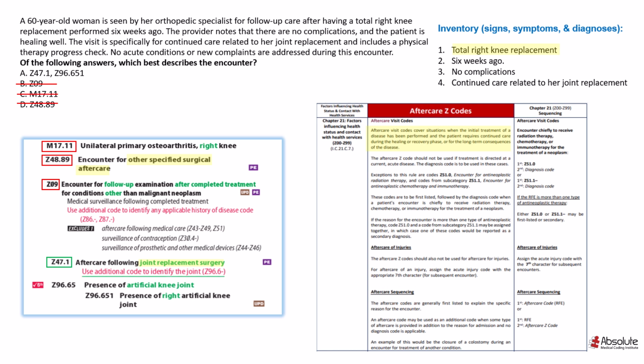So we can use Z96.651 to indicate the presence of right artificial knee joint. That means the correct answer is going to be option A, Z47.1, Z96.651. Great coding. Everyone did a fantastic job.